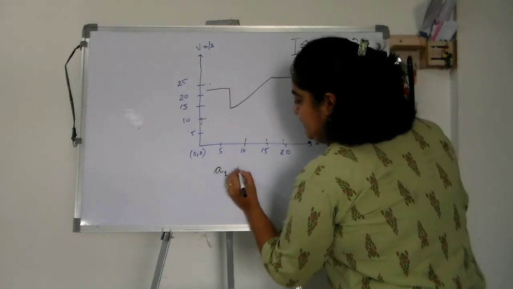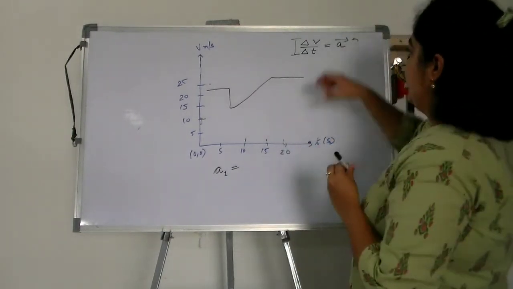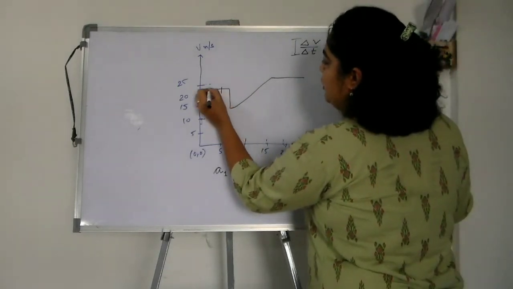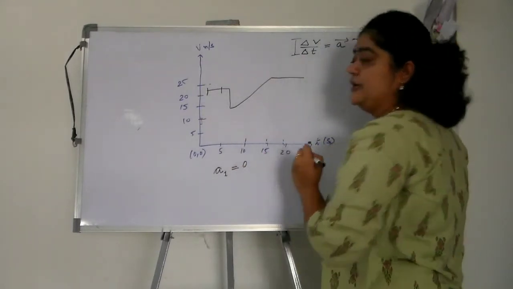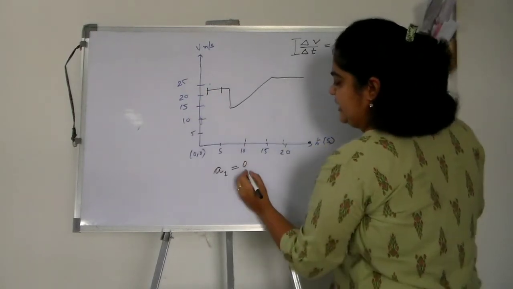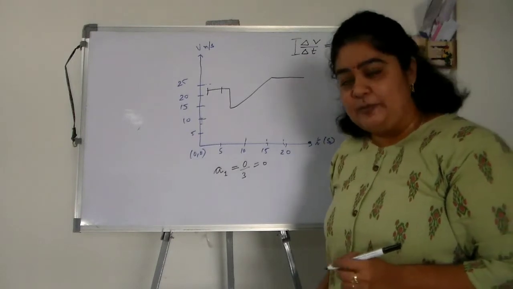What we have to find out is acceleration. Say it is A1. How do we find acceleration A1? It is delta V by delta T. So take a look at this point. What is the change in velocity? 0. What is the change in time? Some 5 seconds or 3 seconds, whatever. So the acceleration is 0.